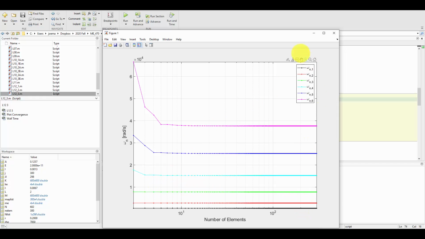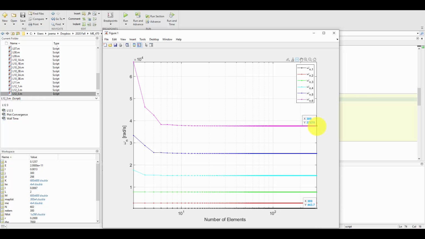Either way, we see these flat values here, and let me just get a sense of what the first natural frequency is. So we have 444 radians per second, and the 6th natural frequency is going to converge at that higher value, 37,670 radians per second. So 300 elements is certainly enough.